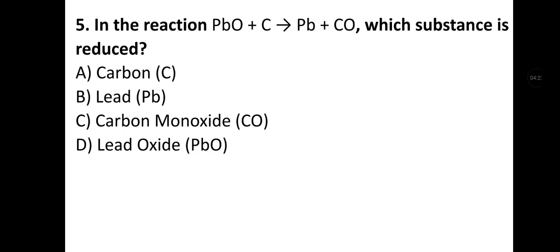Reduction reaction means either electrons are gained or oxygen is lost. Here lead oxide loses the oxygen and this oxygen combines with the carbon. So carbon monoxide and lead are the products. So lead oxide, PbO, is the answer.